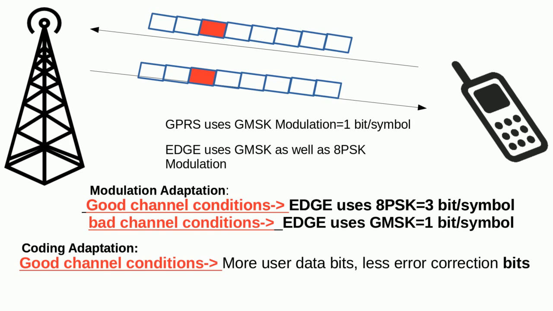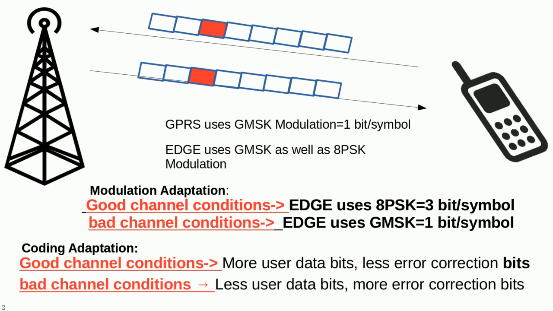And when we move away from the base station and the channel condition degrades, in that case of bad channel conditions, we need more bits for the error correction, and consequently the user data bits would decrease.